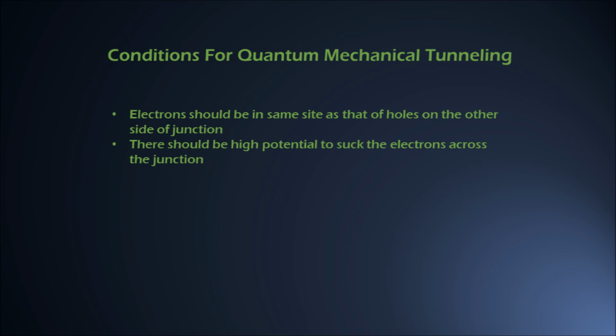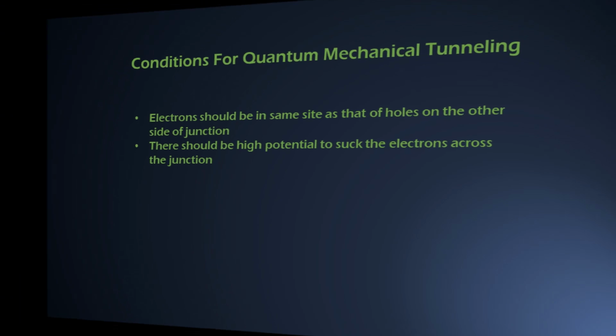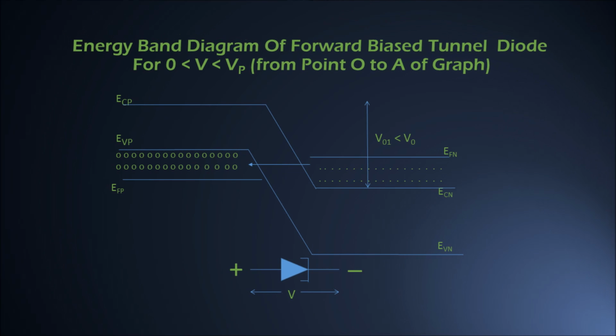Second, a strong electric field should be present to suck the electrons from the n side to the p side through the p-n junction. In this situation, both these conditions are satisfied and electrons can tunnel through the junction. This gives rise to forward current.